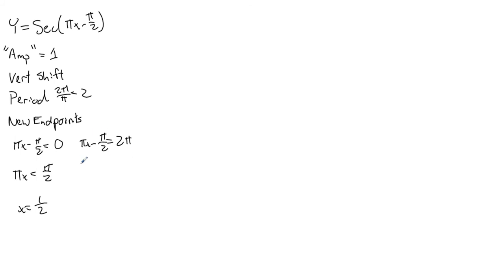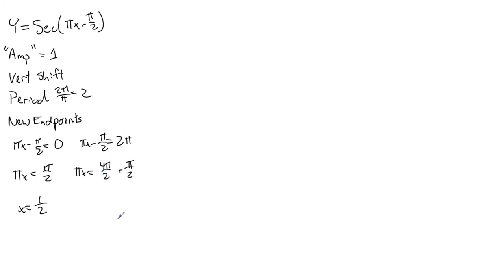Now when I bring this one over, I get pi x equals, well, I am going to add pi over 2, but 2 pi I have to change so that I have a common denominator. I need to change that to units of pi over 2. Well, there are 4 pi over 2 units in 2 pi. So 4 pi over 2.